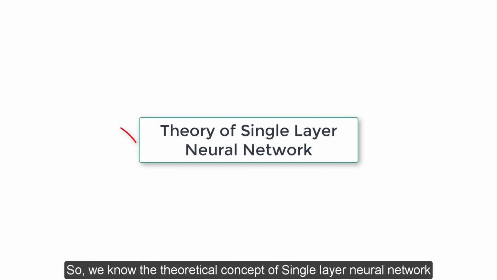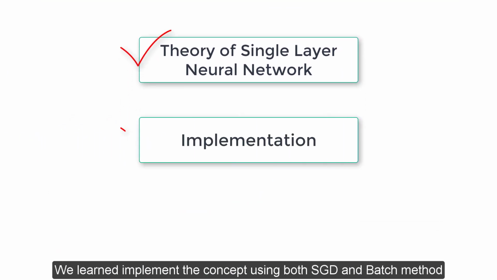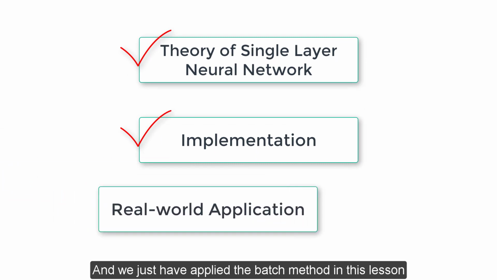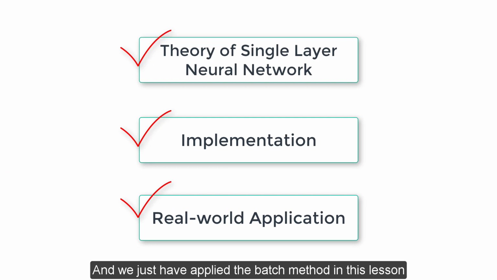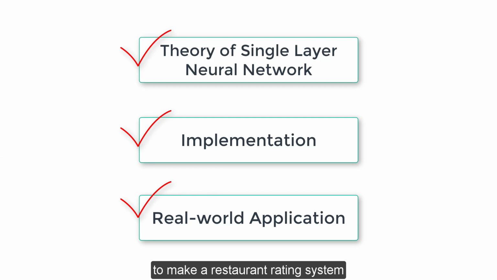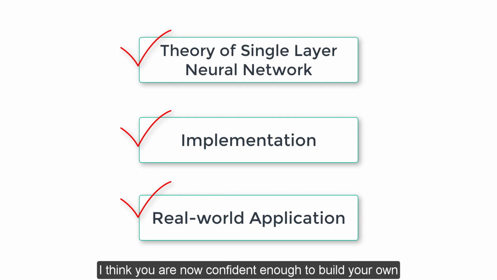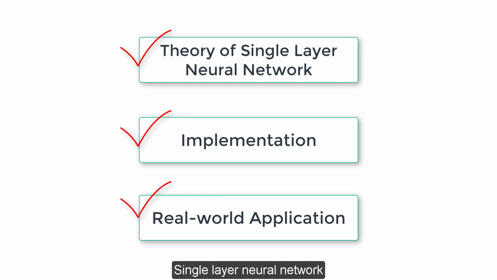So we know the theoretical concept of a single layer neural network. We have implemented the concept using both SGD and the batch method, and we just have applied the batch method in this lesson to make a restaurant rating system. I think you are now confident enough to build your own single layer neural network.